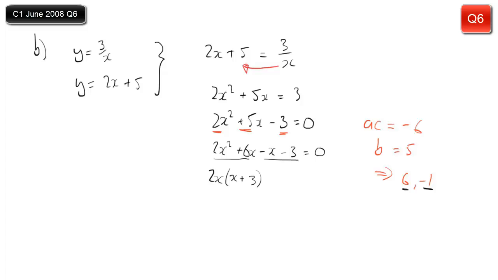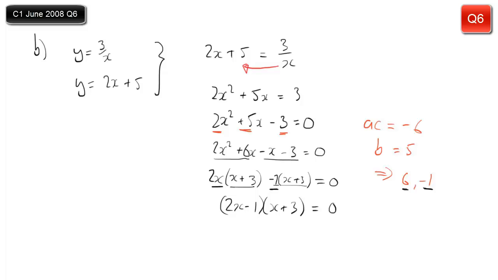And I know I want to have the same bracket here as I'm going to have here. So to have x plus 3 here, I just have to have minus in between, and that's effectively minus 1. So there's like a 1 there. And so the 2x from here and the minus 1 from there give me my other bracket. So 2x minus 1, x plus 3 equals 0.